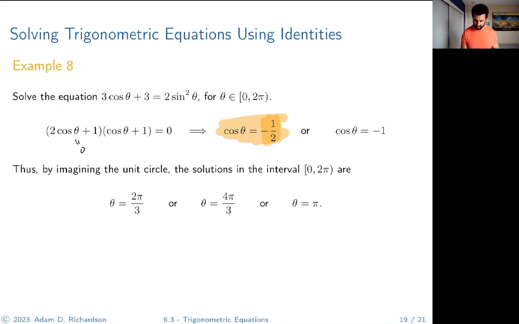Maybe we were given a value that doesn't correspond to standard angles. In that event, you can go to your calculator and you can basically say cosine inverse of negative 1/2, and it will give you an approximation. It'll give you an approximate value of that number. And that's how you use a calculator.